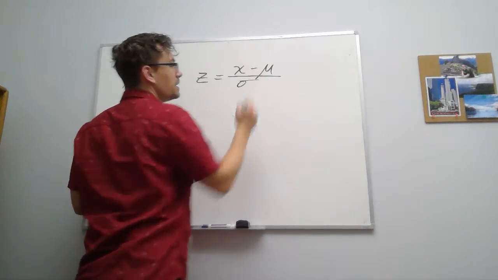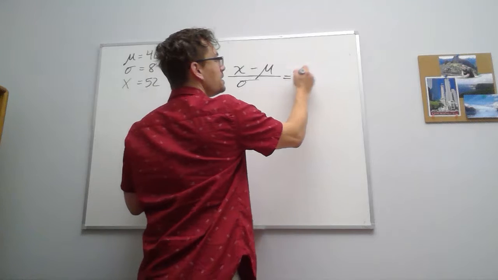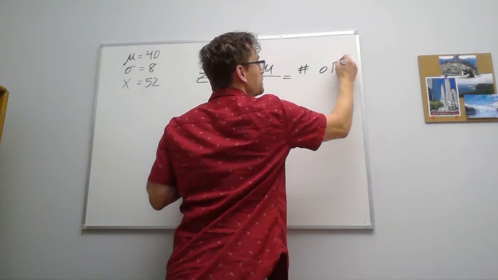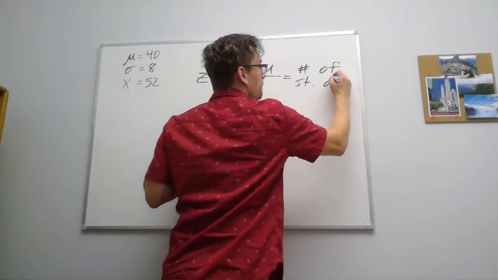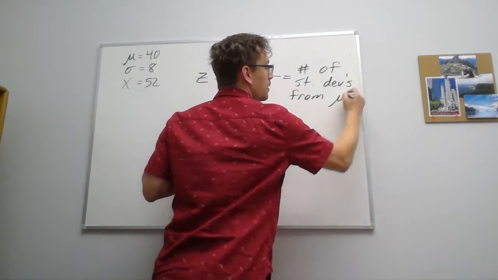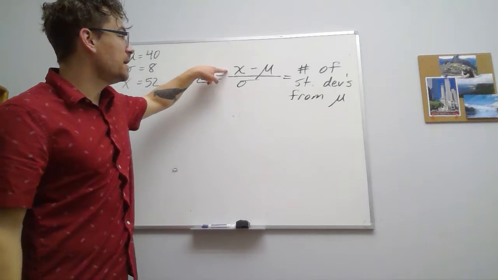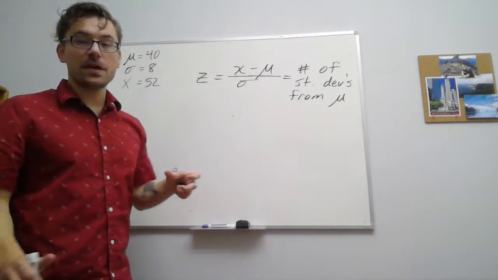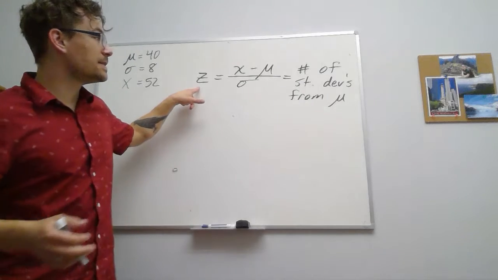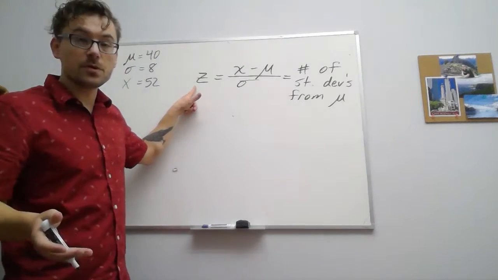So z gives us a number of standard deviations from the mean. We're taking a raw observation x, and our raw mean and standard deviation, and standardizing it. So this allows us to compare across different distributions.